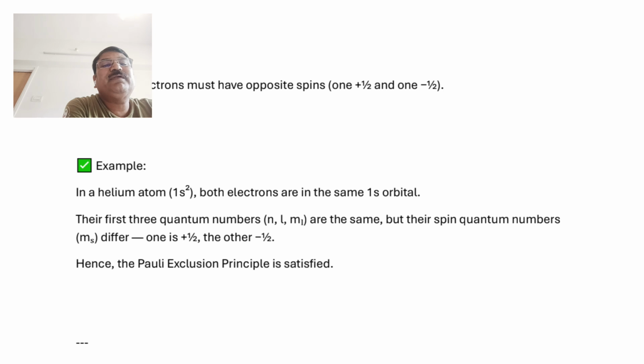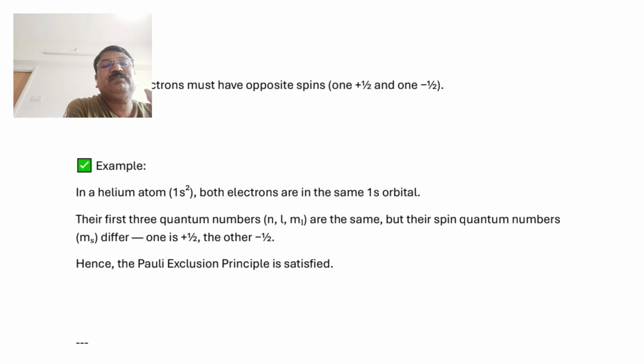Both electrons are present in the same 1s orbital. Their first 3 quantum numbers, n, l, m_l, are the same. n stands for the principal quantum number, l stands for the azimuthal quantum number, and m_l stands for the magnetic quantum number.